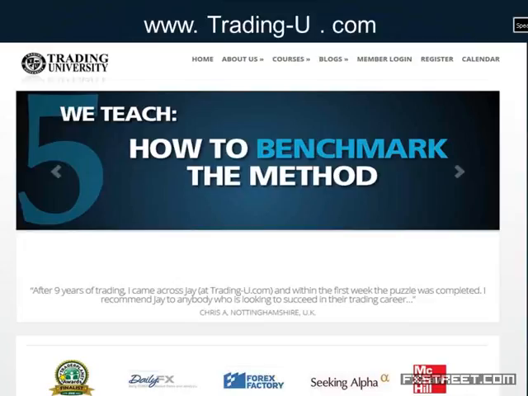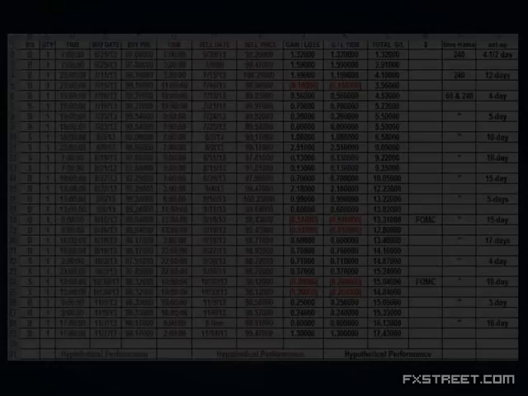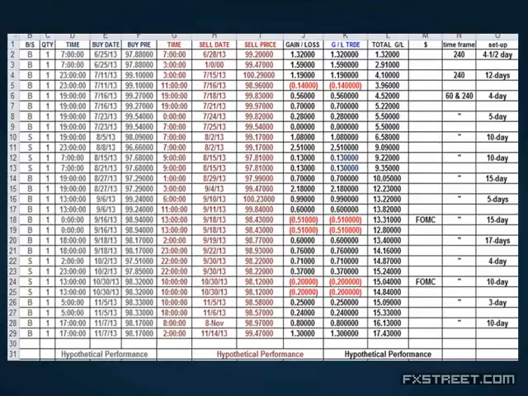Oh, Mr. CC asked about pips. I wanted to go back to one of the benchmarks that I've done. These benchmarks, by the way, here's one. Keep in mind these are hypothetical results, but it's a great educational tool. If you can't produce hypothetical results, if you can't do it hypothetically, why would you even risk real money, right? But the numbers you see, I added on a pip and a half on the entry and a pip on the exit.